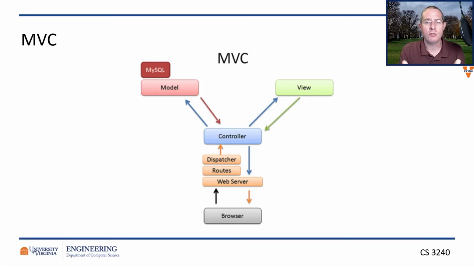So the controller takes that URL request and says, the user is interested in my application /students/list or something along those lines. So I need to get the students model, and I need to get all of them, and I need to get the view that lists them. So it goes to the model and says, hey model, I need all of the students. The controller doesn't care what the model does.